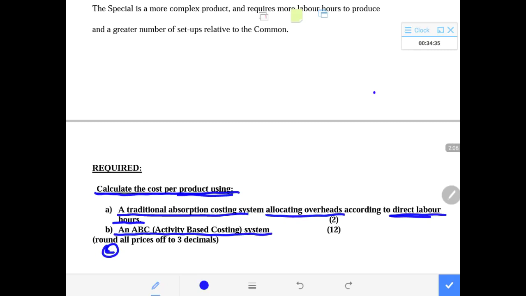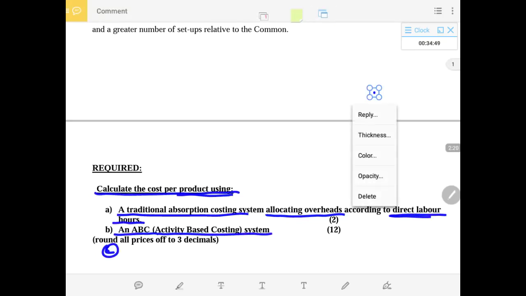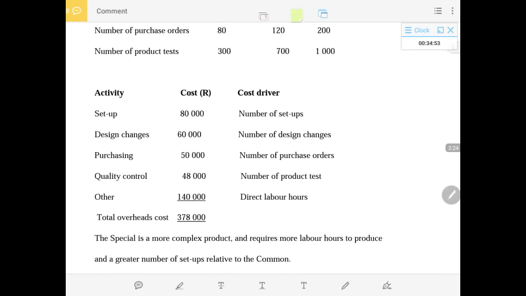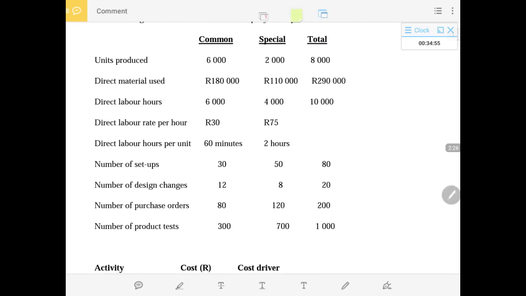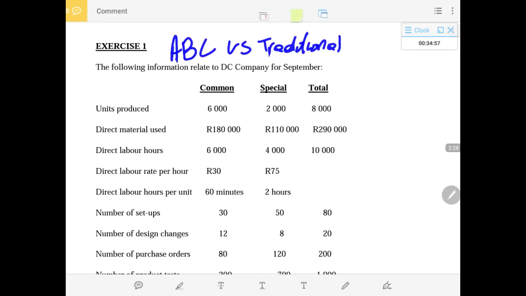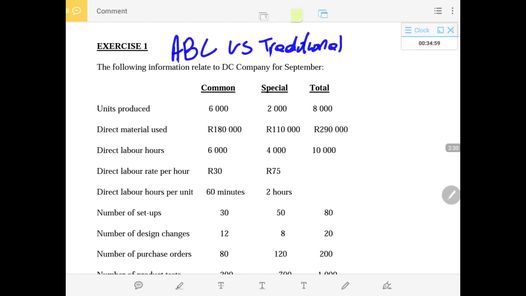We are just calculating the traditional method cost per product and calculating the cost per product using the ABC. However, we can also do that comparison in terms of looking at the cost per unit, which of the methods overstates the cost for which product. But I will later on do another question that will also be doing the comparison and bringing that theory across.